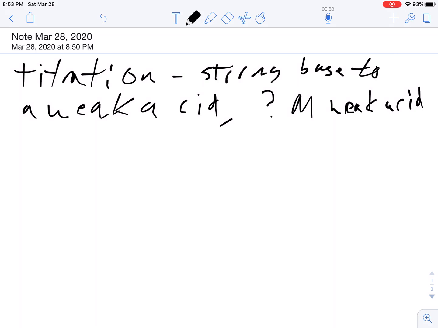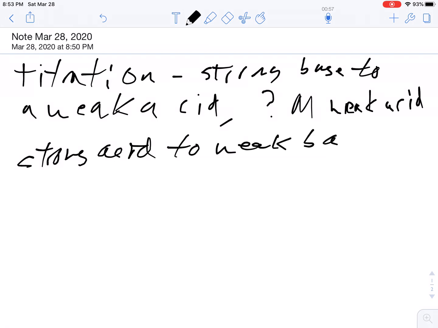Or you can titrate a strong acid to a weak base, and you're trying to find the molarity of the weak base. I mean, there are other uses, but I'm just saying that's one of the things that you use titration for. Titration just means you're adding a volume of a strong acid or a strong base either to a weak acid or to a weak base.